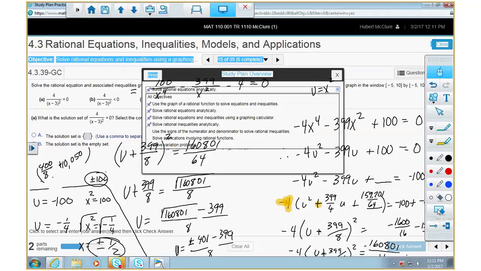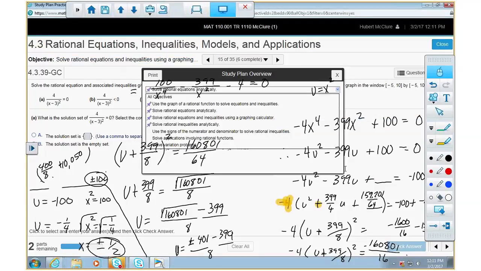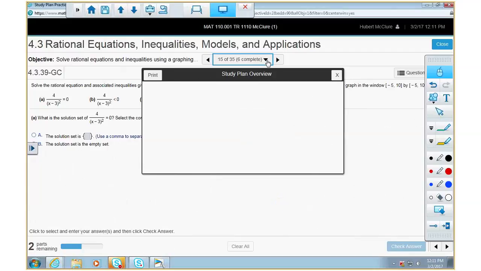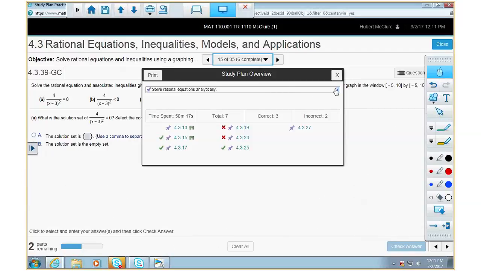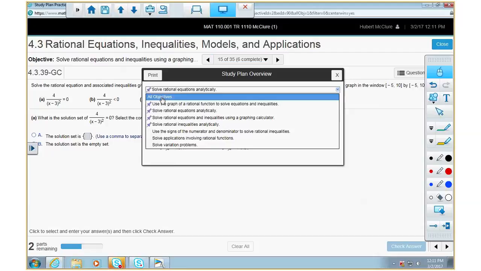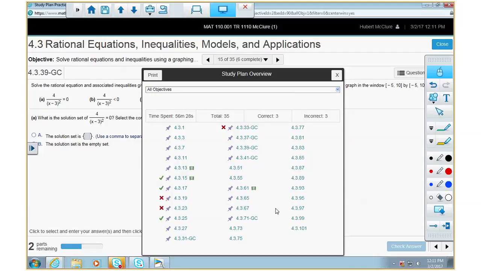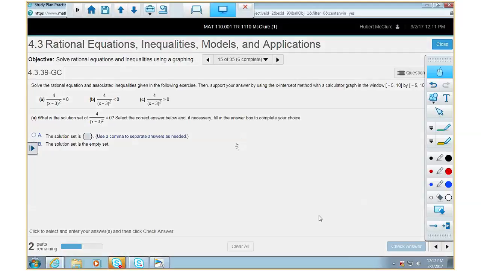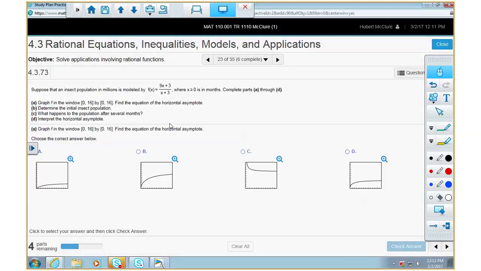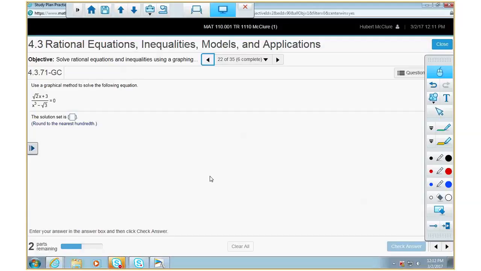Hold on a minute. All objectives. 70 what? 71, yeah. It'll be close to 73 then. Is that what it looks like? There was? Yeah. There we go. Is that it? That's it.